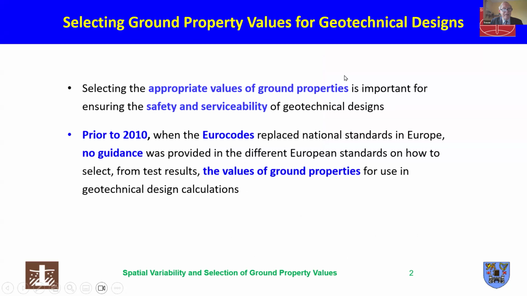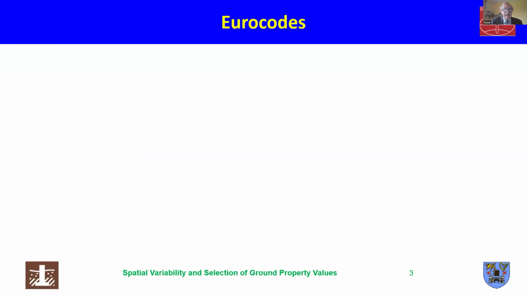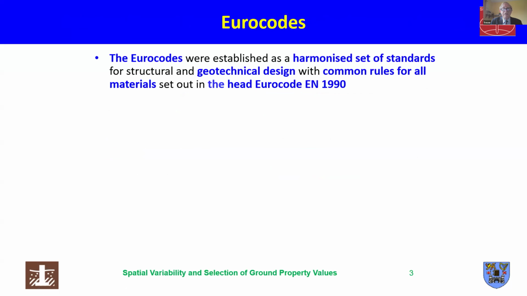Prior to 2010, when the Eurocodes replaced the national standards in Europe, no guidance was provided in the different European standards on how to select from test results the values of ground properties for use in geotechnical design calculations. The Eurocodes were established as a harmonized set of standards for structural and geotechnical designs with common rules for all the materials set out in the head Eurocode, EN 1990.